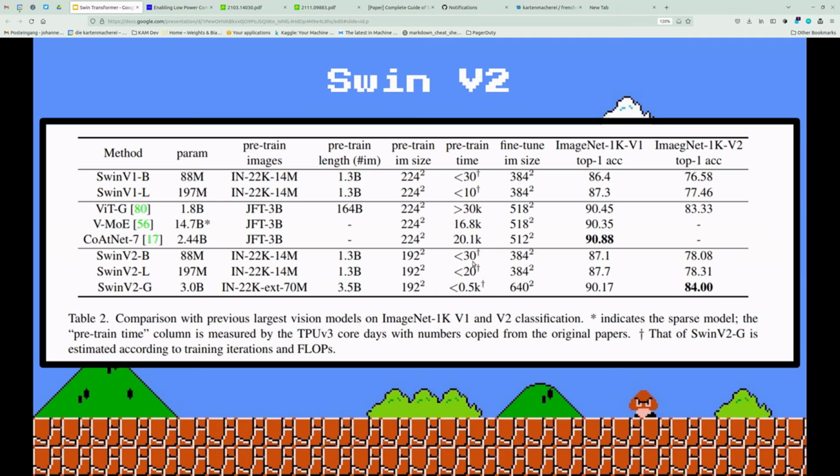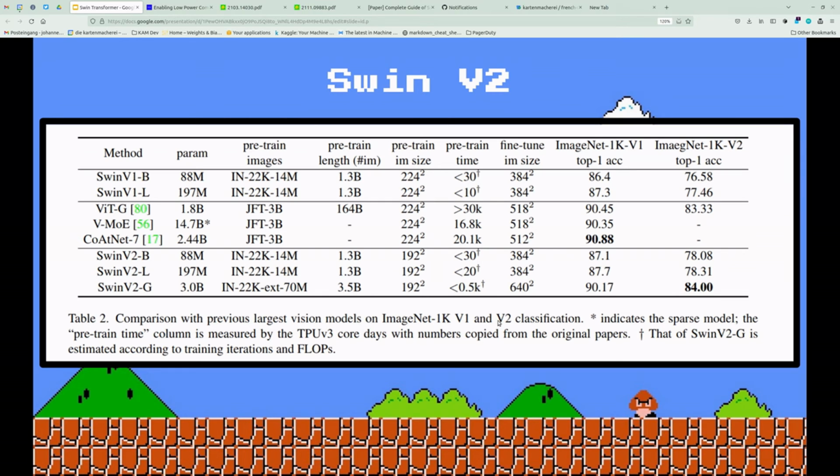So it's better to have about 30 or 20 TPU V3 core days, and you get quite good accuracy with that already. And of course the parameter count is in a better range than this giant model, for example.